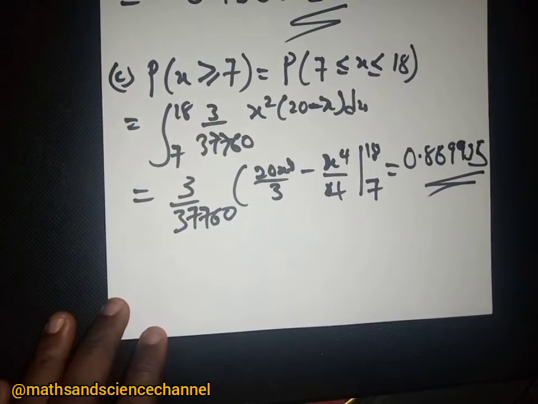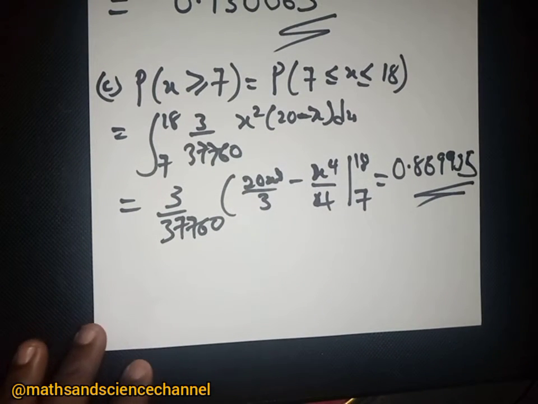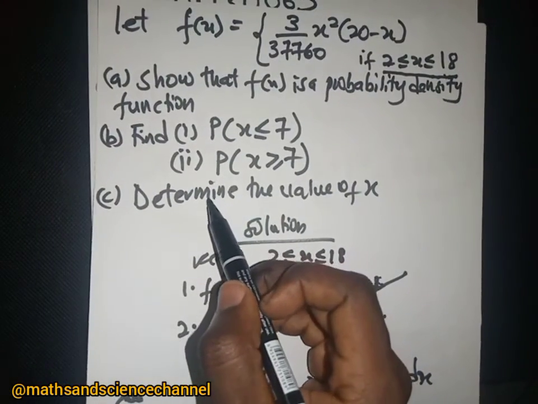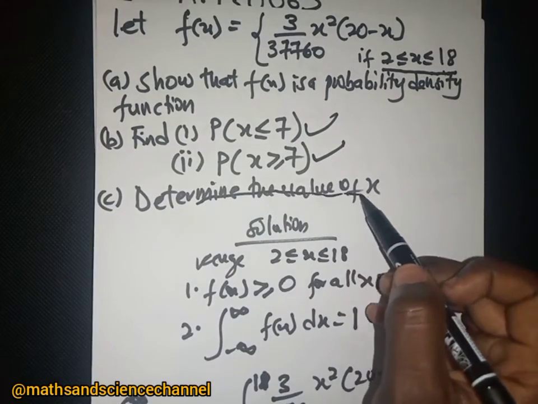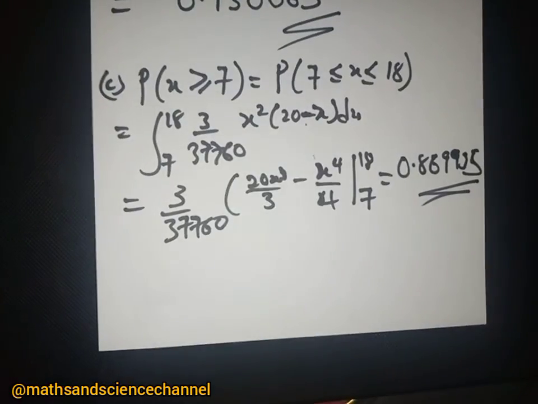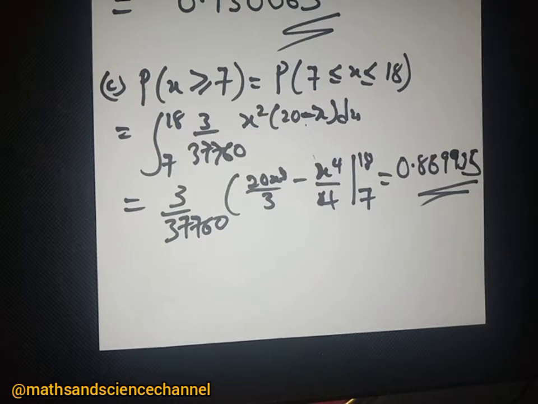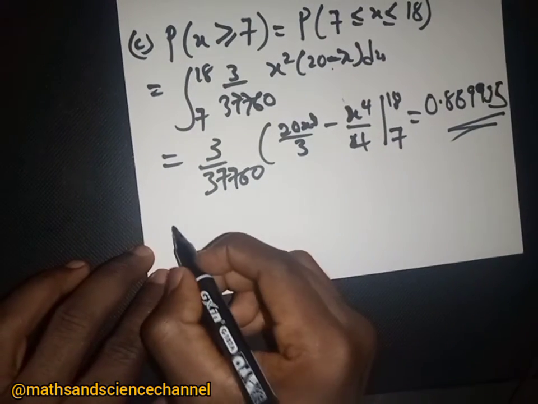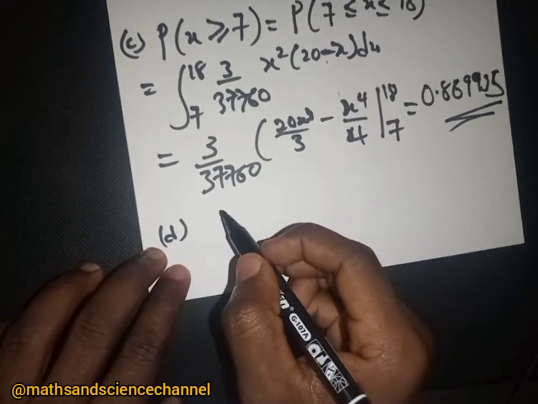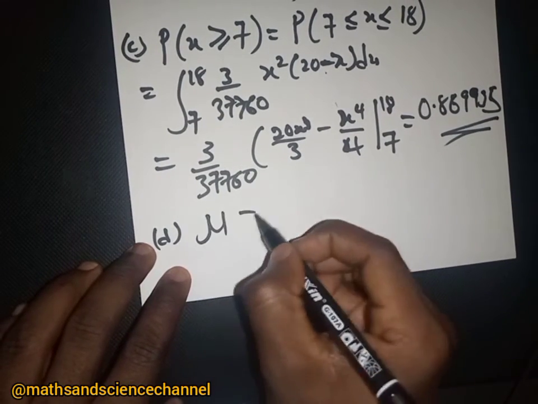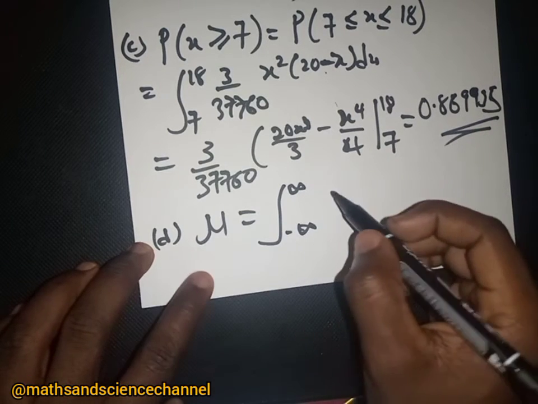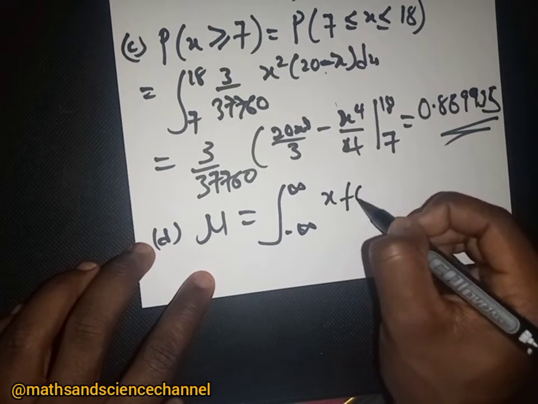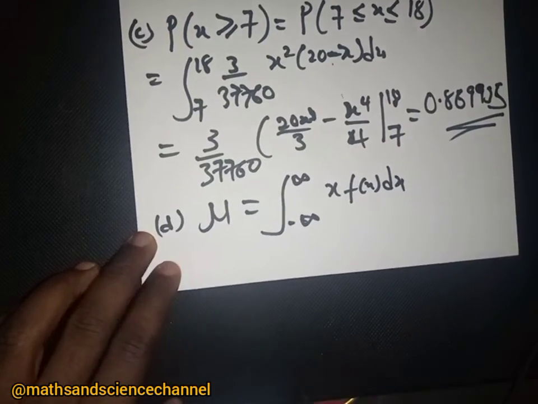Now the last question says that we should determine the value of x. If you look at the last question here, we've done this, we've done that. The last question says we should determine the value of x. So in determining the value of x, to determine the value, we have mu equal to the integral from negative infinity to positive infinity of x multiplied by f of x, dx.